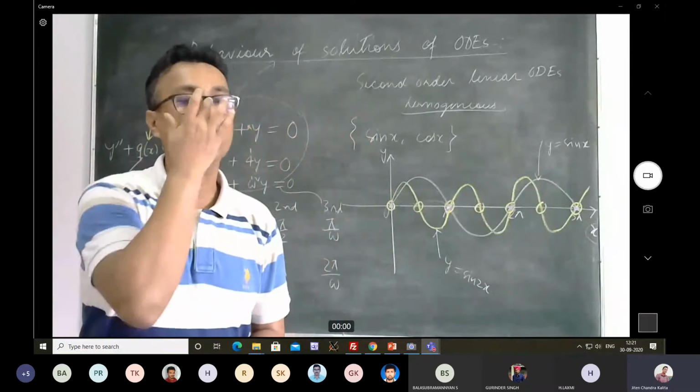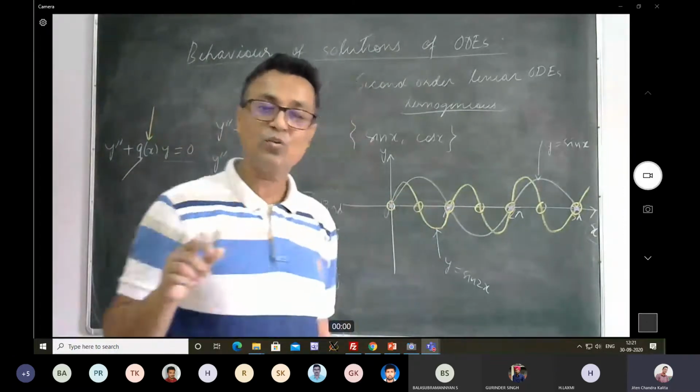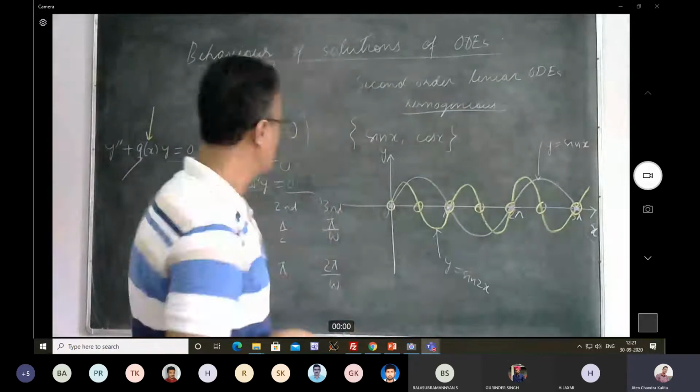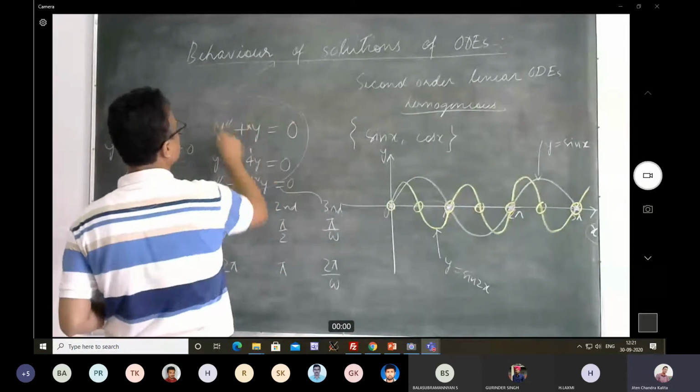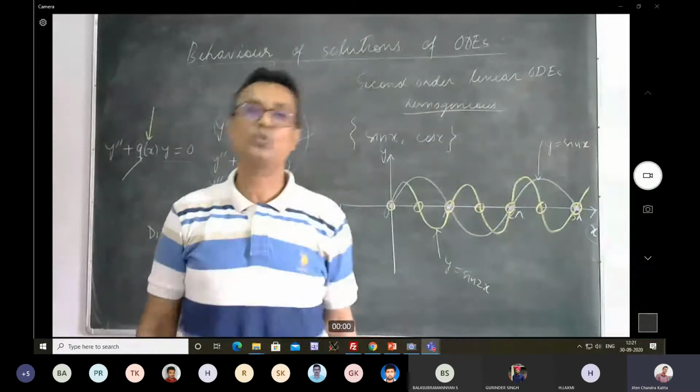Let me show you one particular slide. Over there, I am going to consider two equations. The first equation is simply going to be this, and I have already plotted the solution graphically.